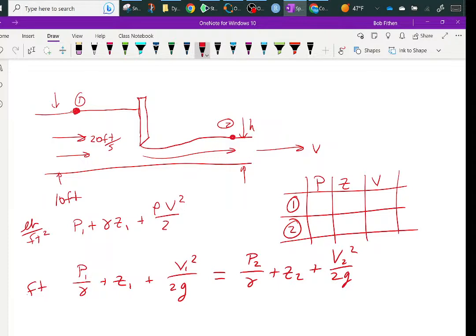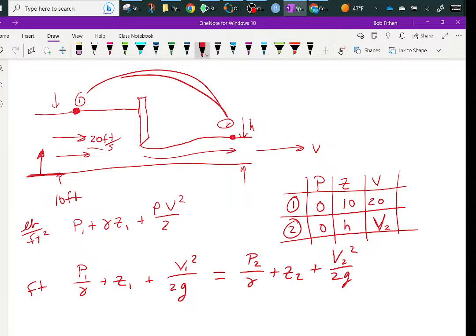Here, I know the height at 1 is 10 feet because I'm going to use this as the datum. And I know the height here is h feet, a certain height that I don't know. At 1 the velocity is 20 feet per second, and at 2 I don't know it, so I'll call it V2. And I know the pressure at both locations is atmospheric.